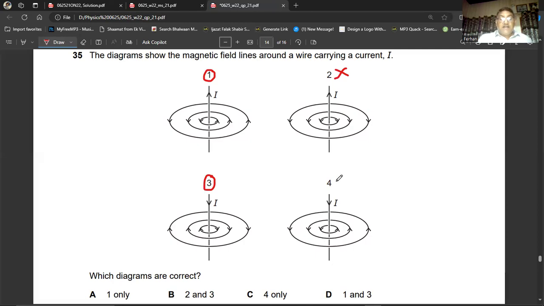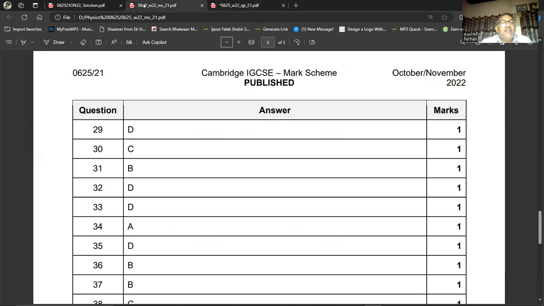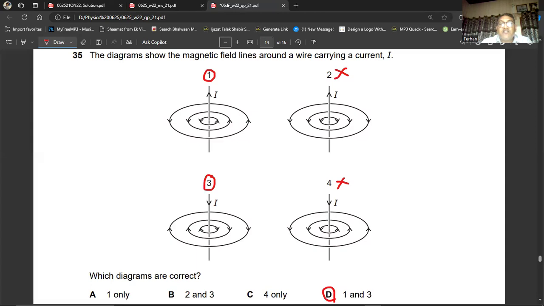So this diagram is basically wrong. So only diagrams 1 and 3 are right. What do you say? Diagrams 1 and 3 look right to me, sir. So I think D is the option, 1 and 3. Question number 35, D is the right option, sir.